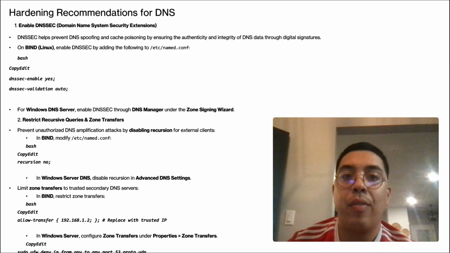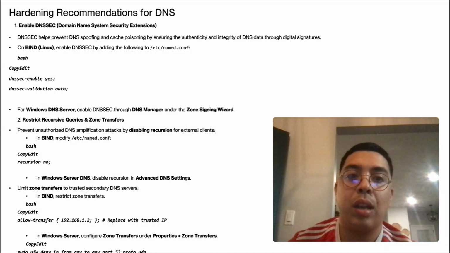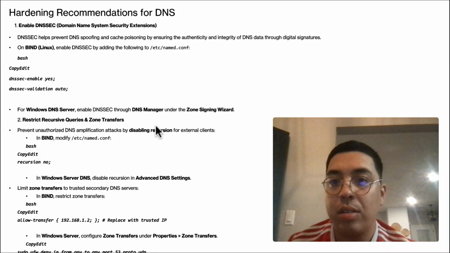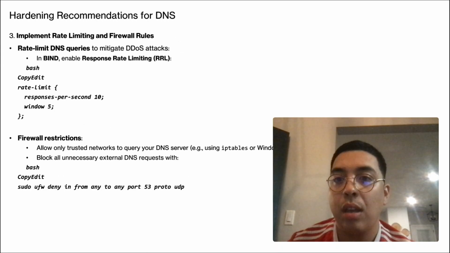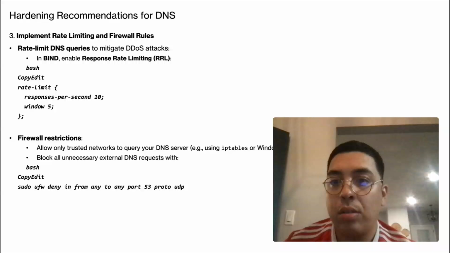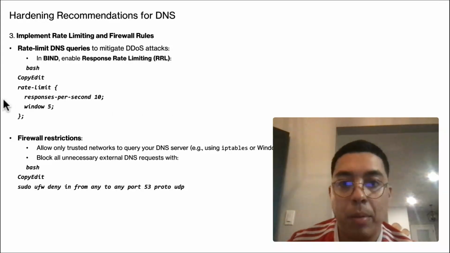Rate limiting can further protect against DDoS attacks by restricting excessive queries. So here are some more hardening recommendations and step by step on how to take these and make these a permanent thing.